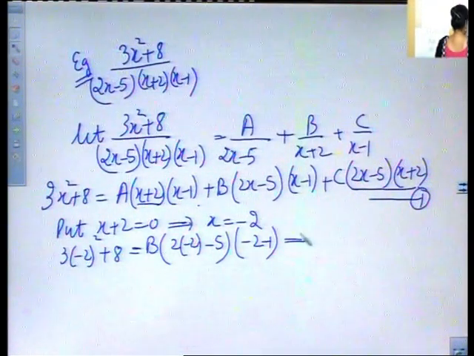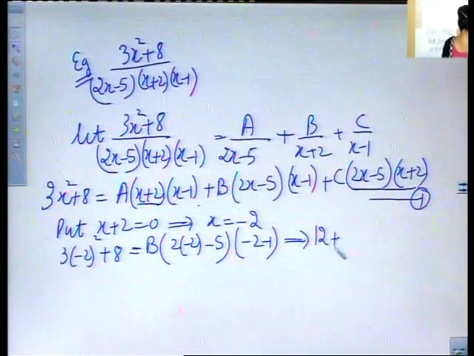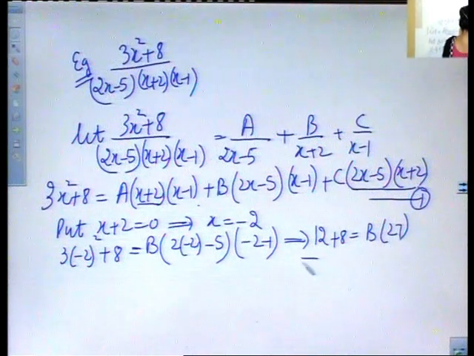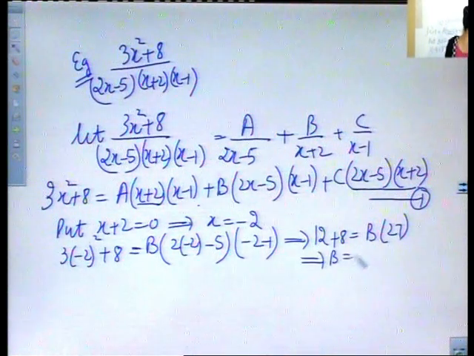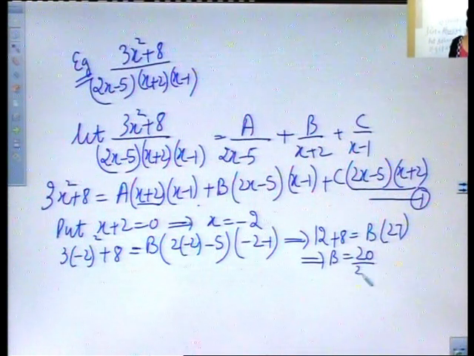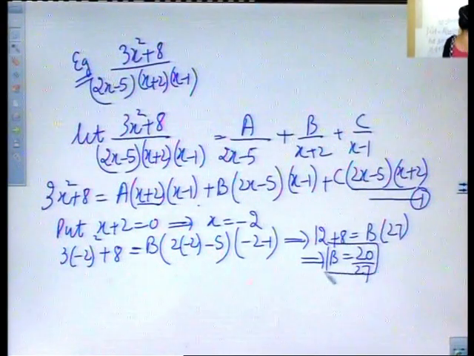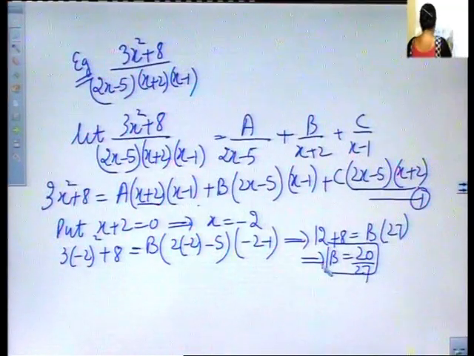So this implies 12 plus 8 is equal to b into 27. So b is equal to 20 upon 27.